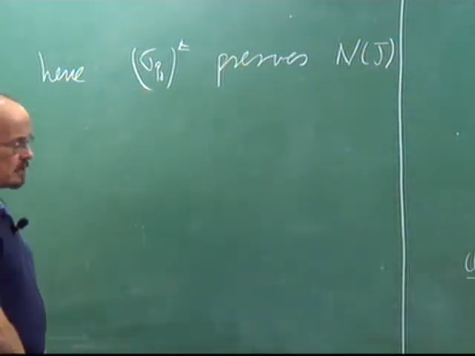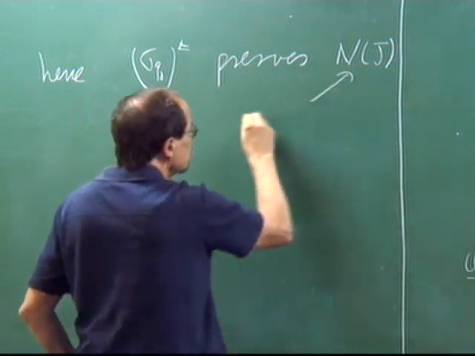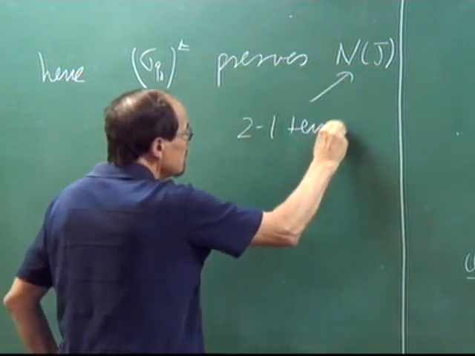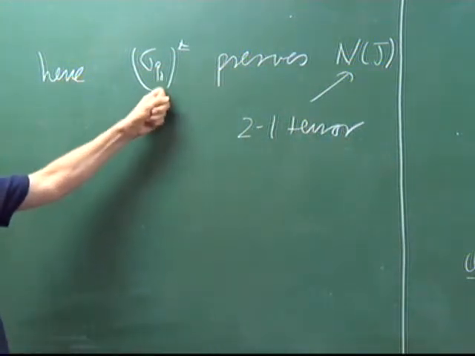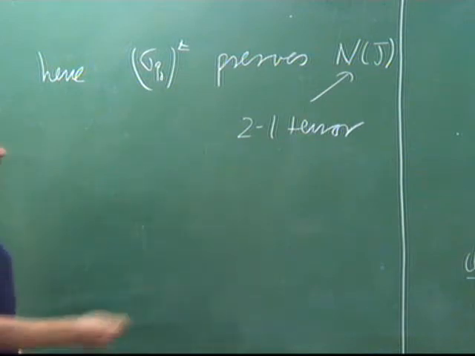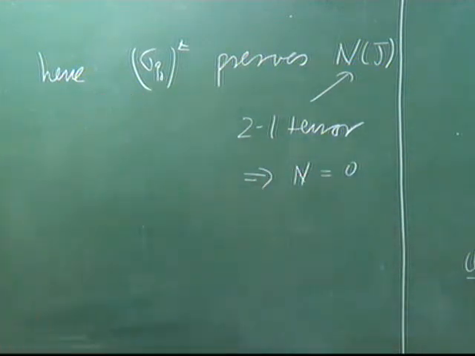And remember, this was a 2-1 tensor. I plug in two vector fields, I get a vector field out. Invariant under the symmetry, therefore it must be 0. Okay. That's one way to see that.